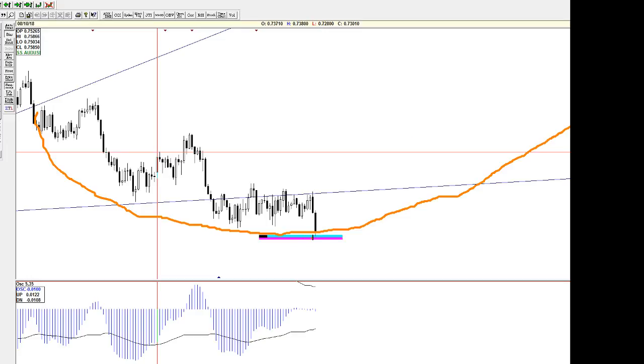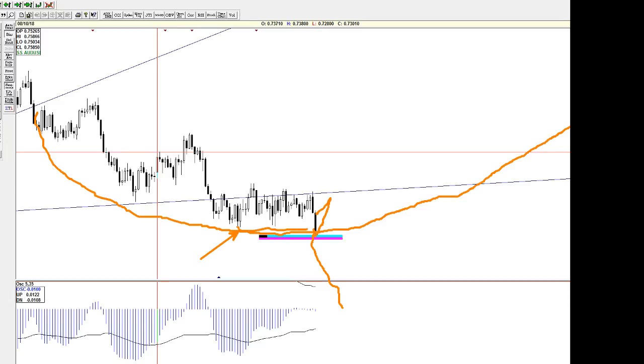That model's in question. If we violate this and we push Aussie with strength down, then that model is not working. The only thing that's going to validate this model, that we're going to go higher, is that this was a bear trap, and we go back up.